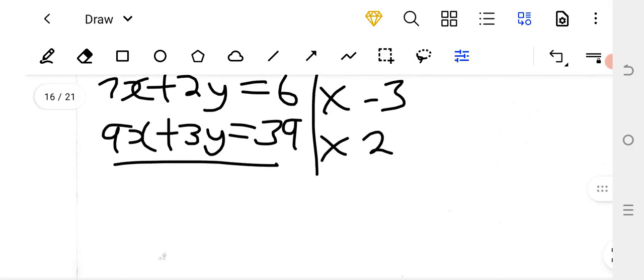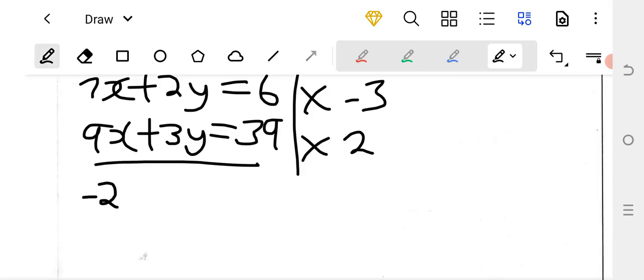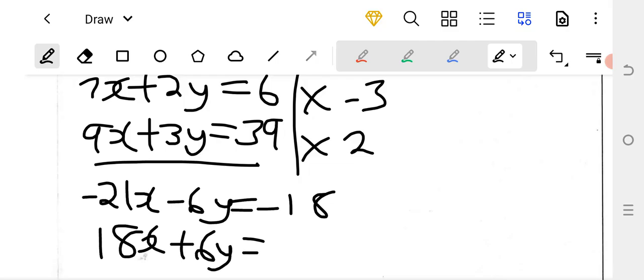So it's going to be negative 21x minus 6y is equal to negative 18. And then here 18x plus 6y is equal to 39 times 2. 39 times 2 is 78, like that.